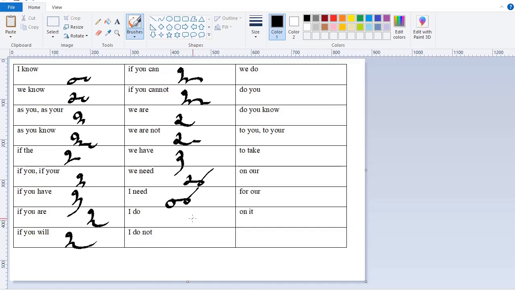We have I, and then we have do. Okay, I do not. We have I, and then do, and then not, which is represented by your N stroke. Next, we do. So we have we, and then we have D, and then we have O. We do.